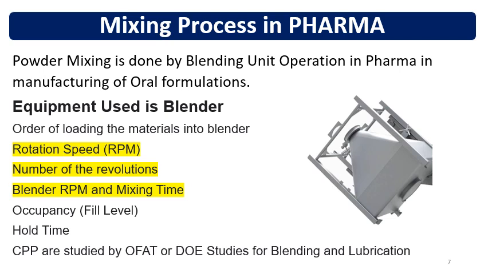Then CPPs for the blender can be studied by OFAT trials or by the DOE trials. So OFAT trials means one factor at a time. Either you study the occupancy at a time, either you study the rotation speed, or you study the mixing time. And sometimes the more statistical approach is taken by doing the DOE studies for blending and lubrication.